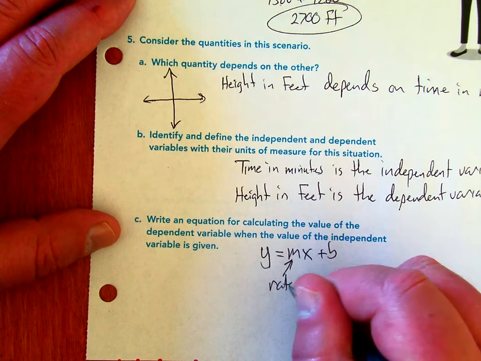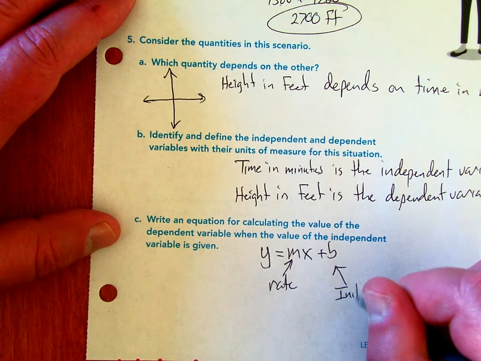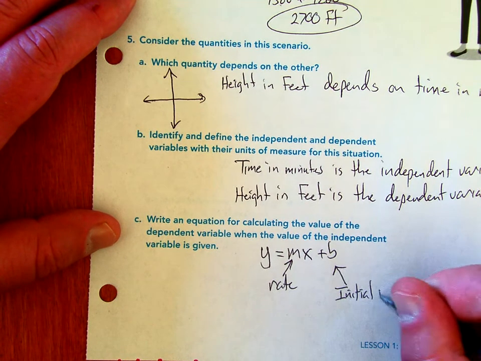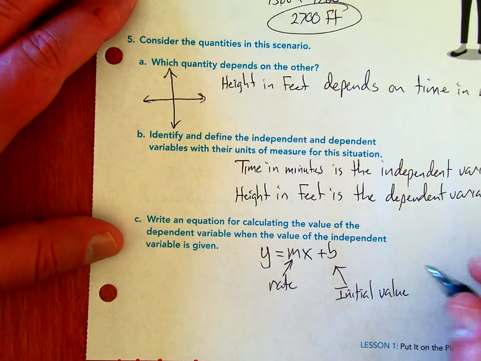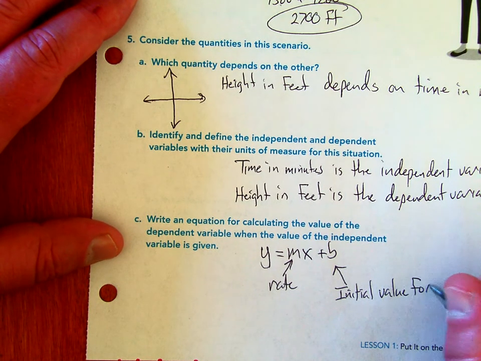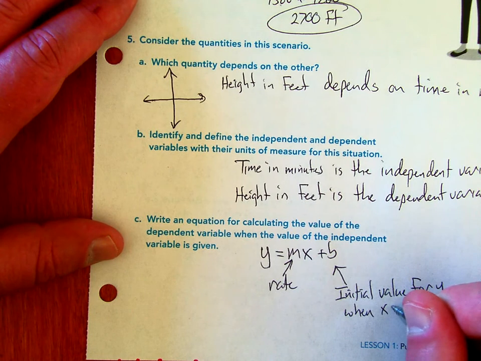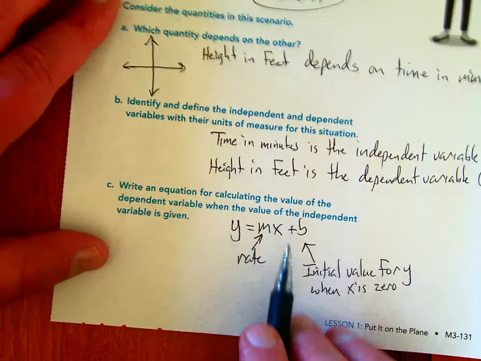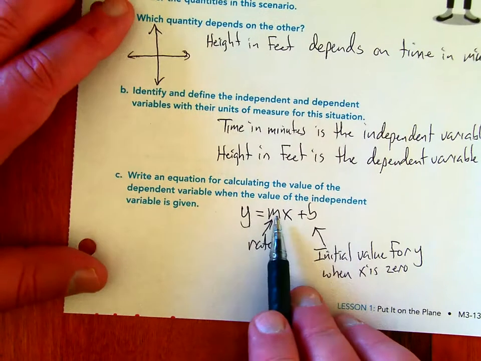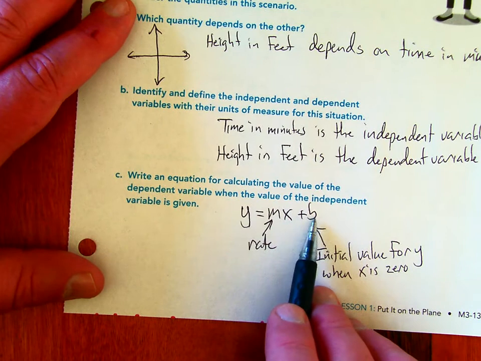B is our initial value, for y when x is 0. So when we arrive to watch, they're already 1,500 feet up the hill, or up the face.